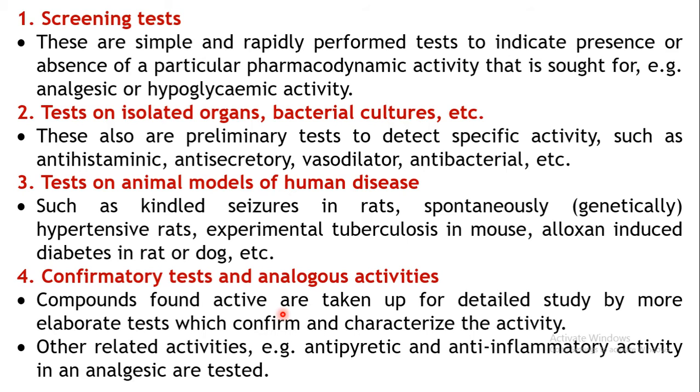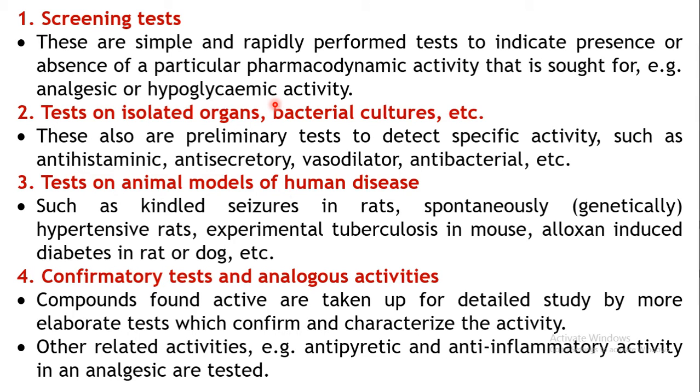Now let us see what exactly is done in these preclinical studies. First of all, screening tests are done. Here simple and rapidly performed tests are done to identify the presence or absence of certain pharmacodynamic activity, for example analgesic activity or hypoglycemic activity.